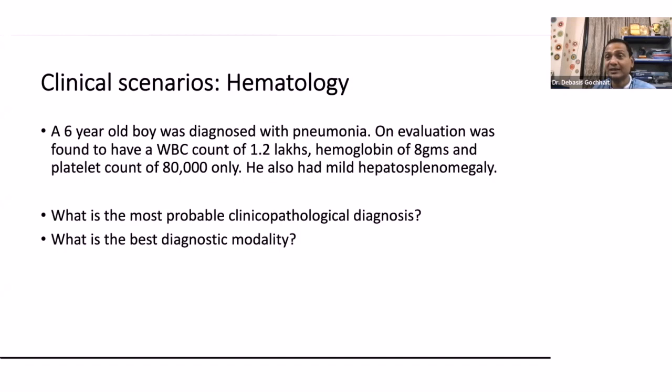But 8 grams is moderate to severe anemia. What about the platelet count? It is also reduced. Normally it is 1.5 to 3.5, 4 or 4.5 lakhs, so 80,000 denotes a decrease. In addition, he also has mild hepatosplenomegaly. So what does all that tell you? The patient is likely to have pancytopenia.